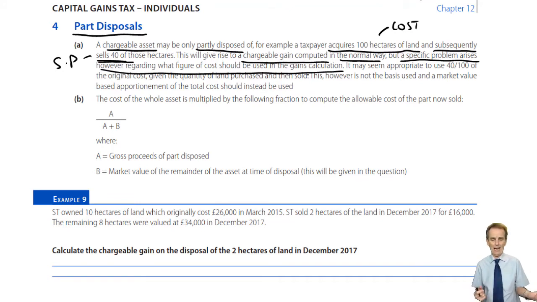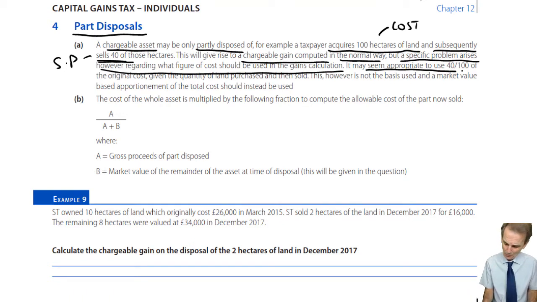We're selling 40 hectares out of 100, take 40/100ths. No, instead what we must do is to use a value-based apportionment to split out from that total cost what is the deemed cost of the bit now disposed of.